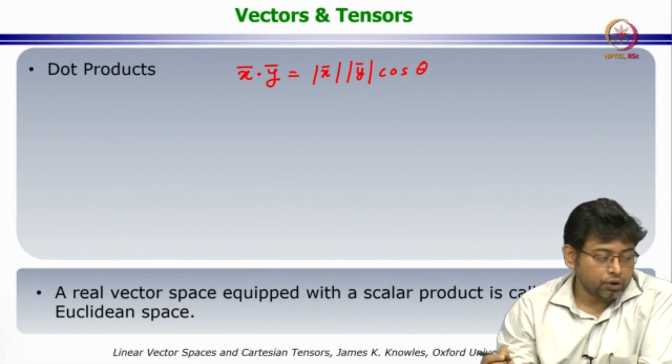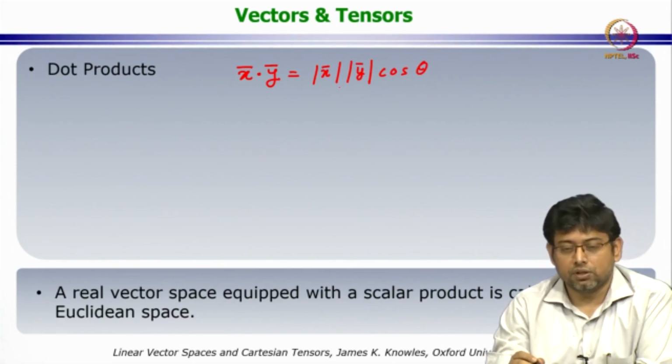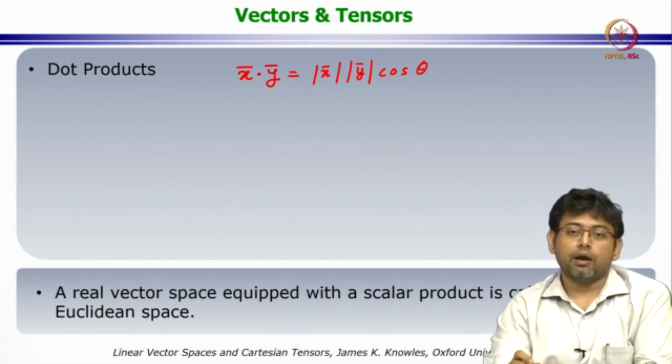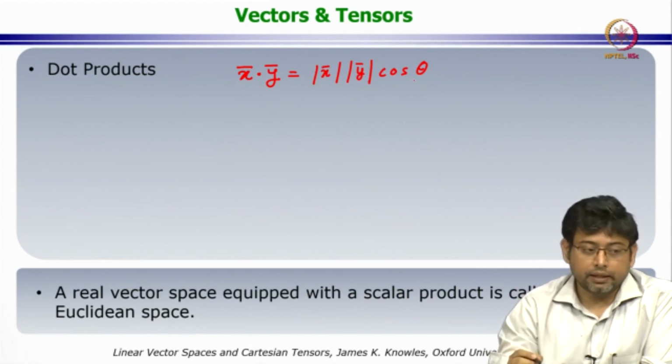So this already shows you that we have a metric associated with the vector, which is an idea of a magnitude and a sense of angle that is associated.